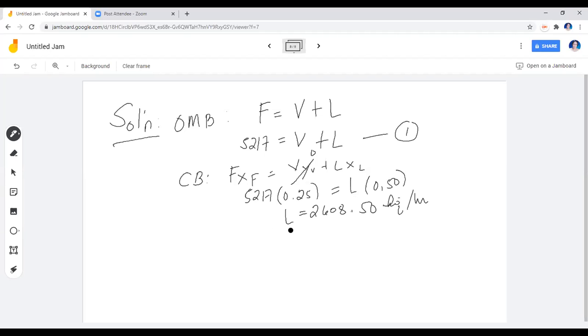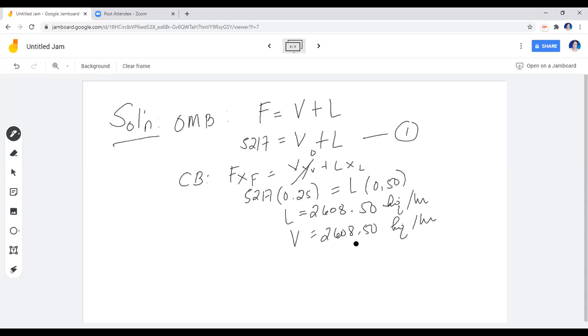Knowing the liquor to be that, all you have to do is subtract it from the feed value, which is 5,217. And that should give you also 2,608.5 kilogram per hour. So look that your liquor and your vaporized water are just having the same value. So let me check.